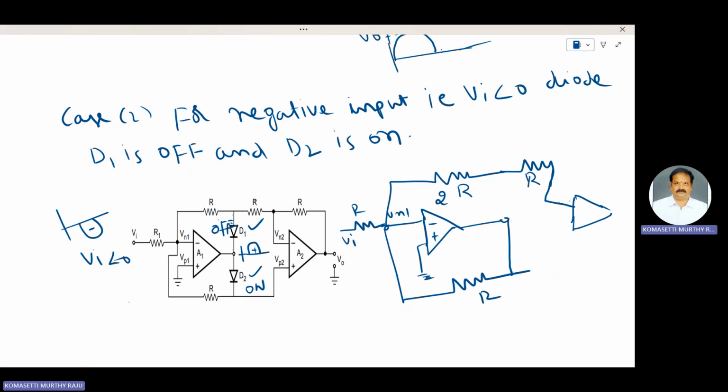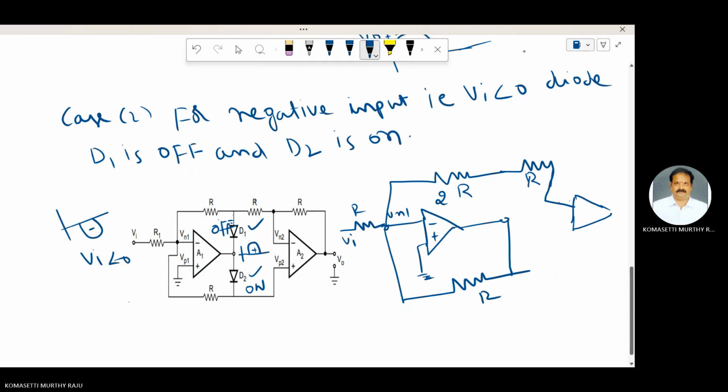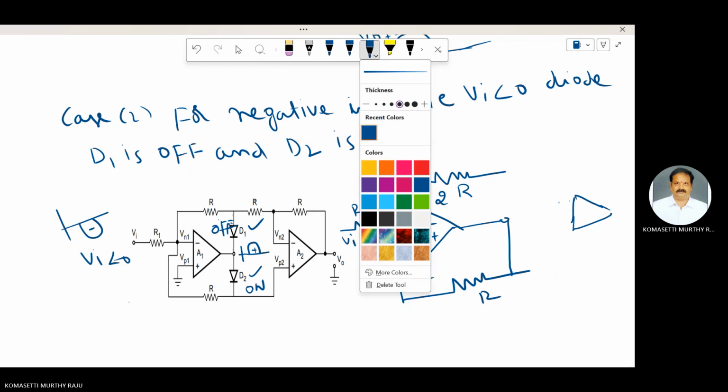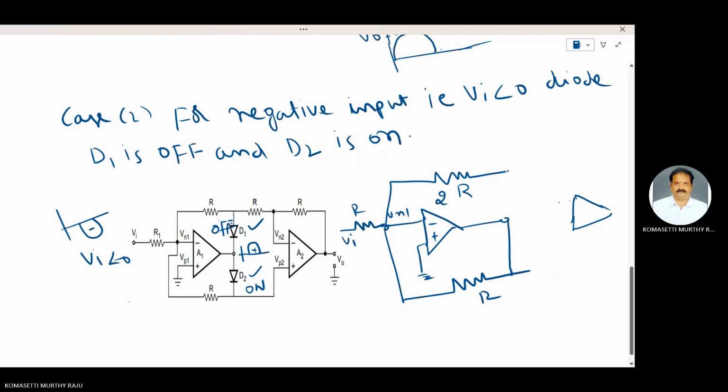This one is R. V naught here. Some R is connected here.